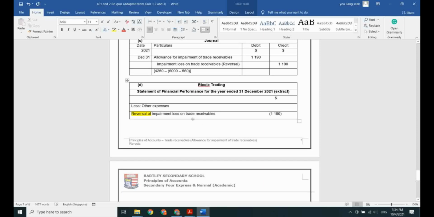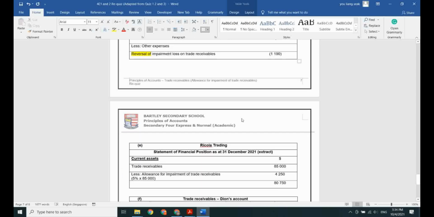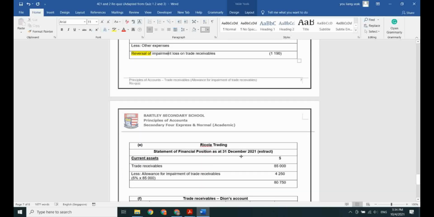Always recall only income and expense accounts will affect your statement of financial performance. No other values and no other accounts will affect your statement of financial performance. So moving on to the statement of financial position for the second year. For this part E, you can do this question even if you got the previous parts wrong.